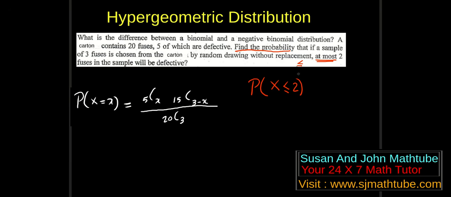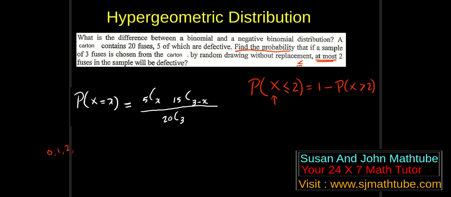I'll repeat once more. Find the probability that at most 2 fuses will be defective. That means the number of defective fuses less than or equal to 2. And less than or equal to 2 means it can be 0, it can be 1, it can be 2. And if I invert it, I will get 1 minus probability of x greater than 2.